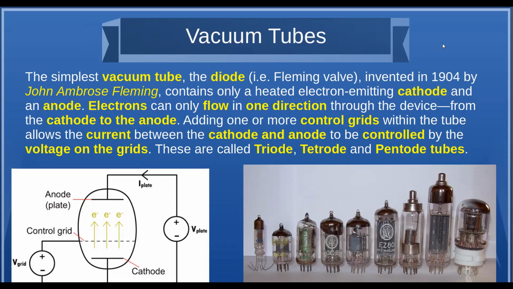And then later, I think it was Lee DeForest that added a control grid, and they discovered that by applying a voltage on the control grid, they could actually control the current flow. So that really became the first amplifier device, and also a switch, well, mostly used as amplifiers.